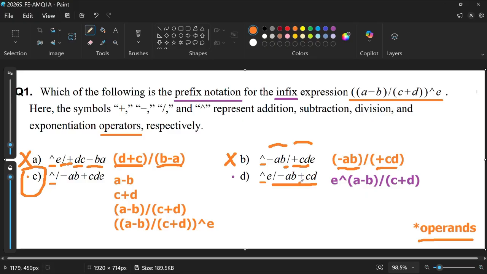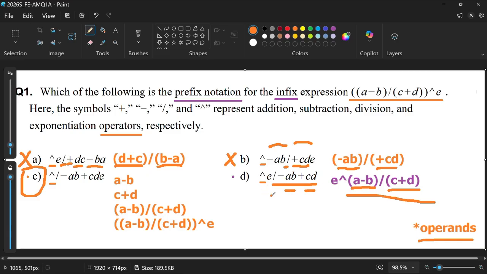So if we put them together, the two operands A and B, using the operator minus, we get this A minus B. And then before we go into the divide, we have another operator, which is plus, and then the two operands C and D. That's why we have here the C plus D. The answers to these two operands, then we can divide them. That's how we get here, this one.